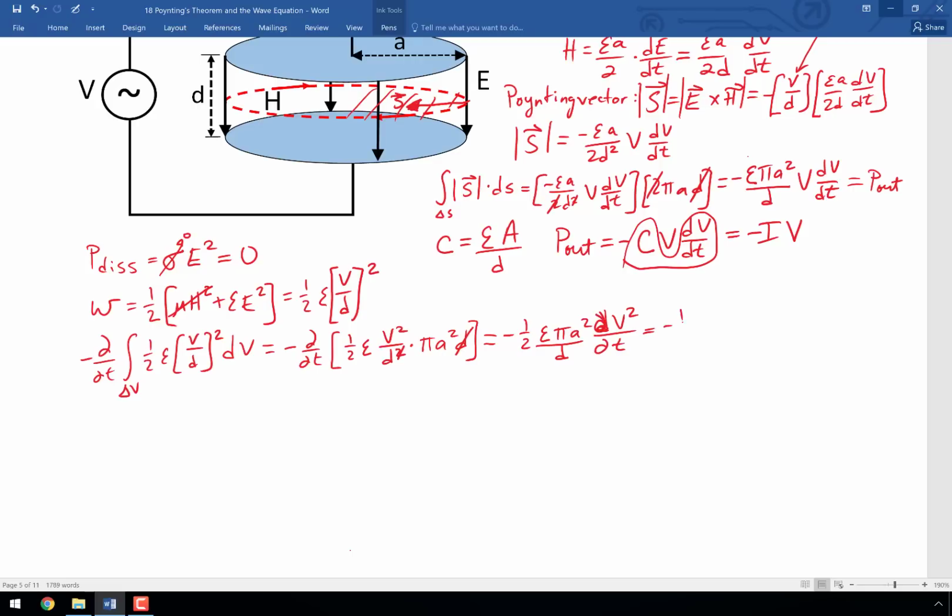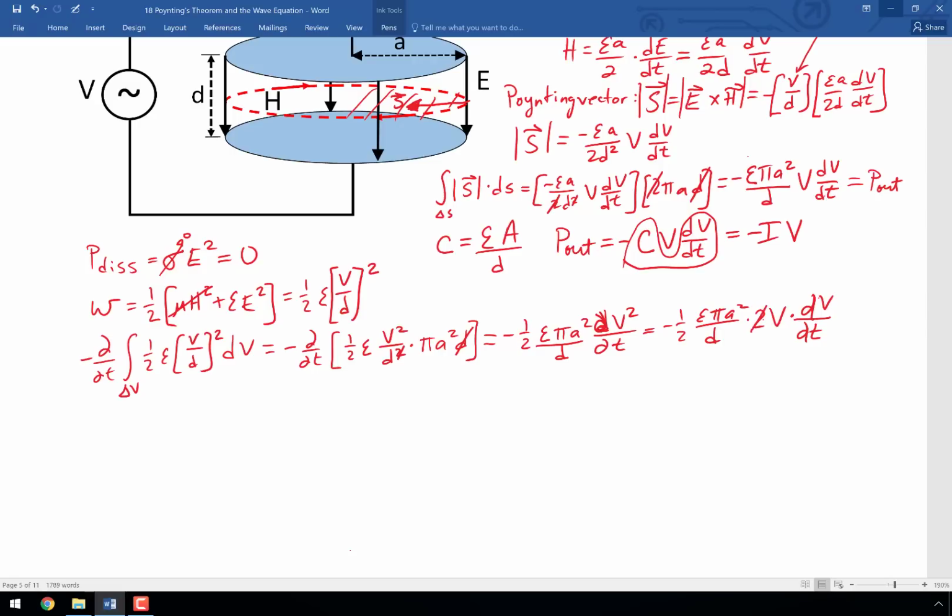And so this becomes minus 1/2 epsilon pi a squared over d. The partial of v squared with respect to t gives me a 2v, and then the chain rule gives me just a dv dt. And I'm going to drop the partial there because there's really just a t dependence.